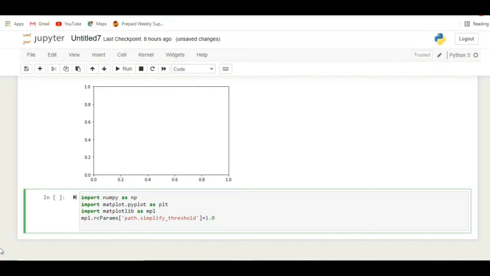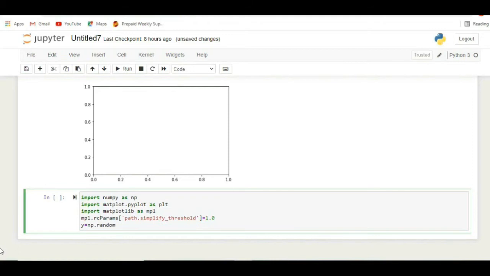Moreover, these codes are very informative, and you can discuss them with me in the question answer sections.